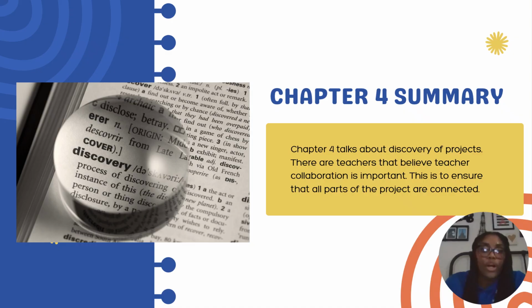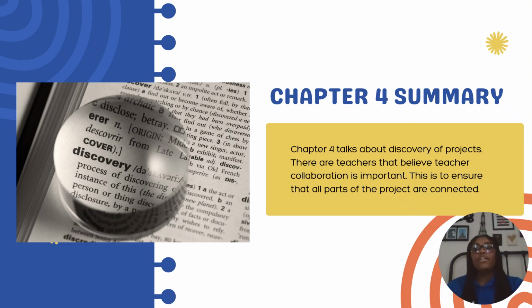We move on to chapter 4, which talks about discovery and how we pick each project that we give our students. The book talked about teachers and how teachers should be collaborating with each other to give students these projects.